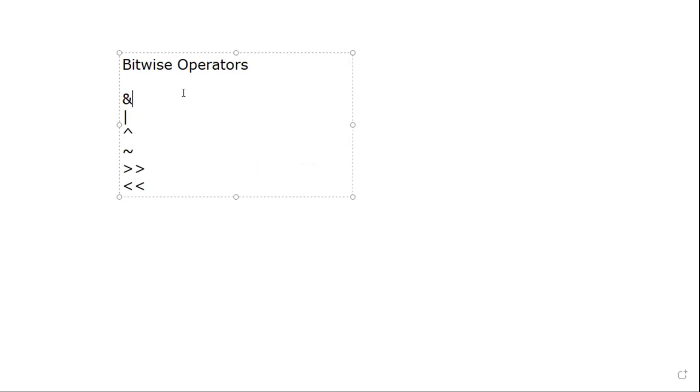The first operator here is bitwise AND operator. Bitwise OR operator. Bitwise XOR operator.